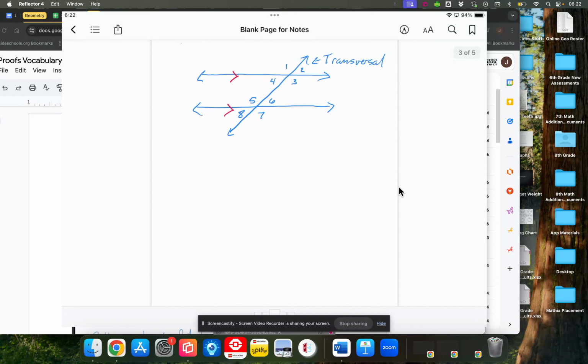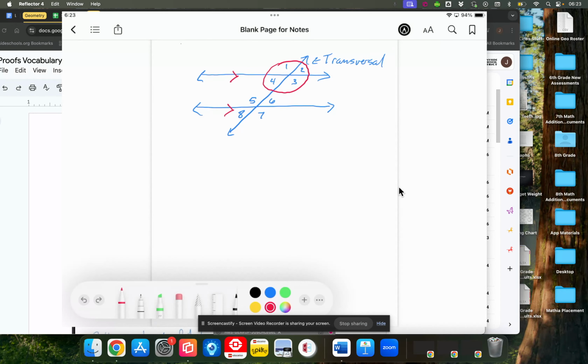And so the way that we can see that is that if we look at these 4 angles, they all match these 4 angles down here. Like I could literally pick up the angles from the bottom and lay them on the angles on the top, and they would be exact copies of each other.